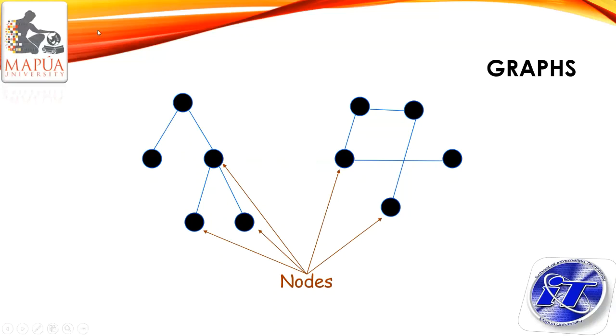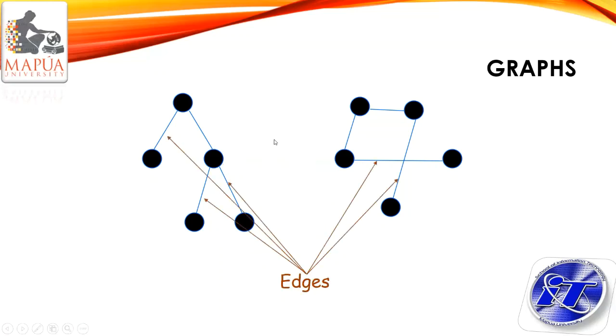While the connecting lines, what I have said, these are your edges or your branches. They connect the nodes. They define where to go within the graph, or what nodes are connected.